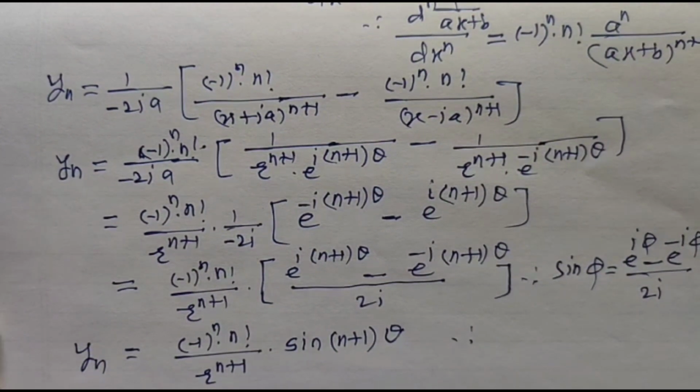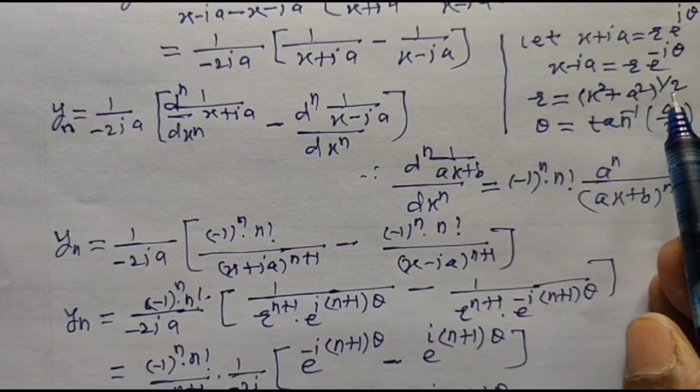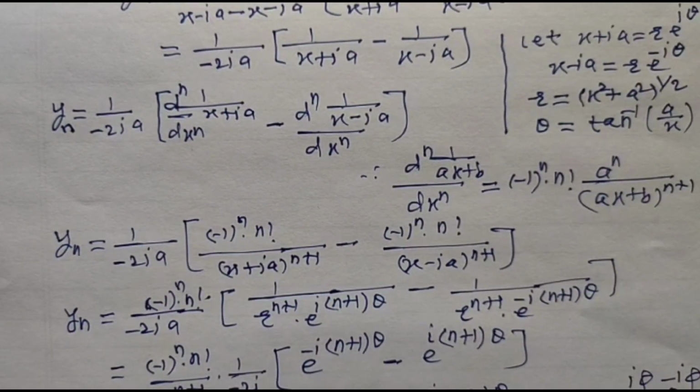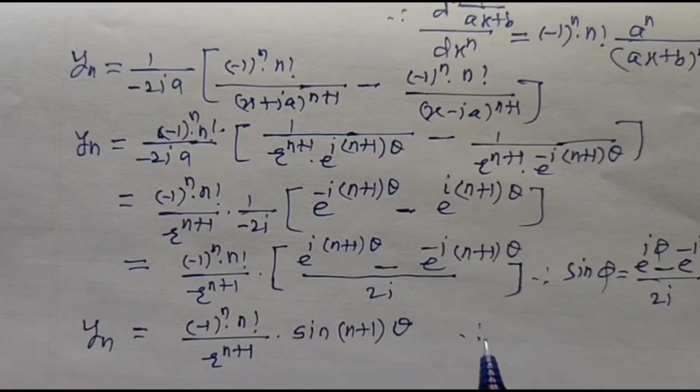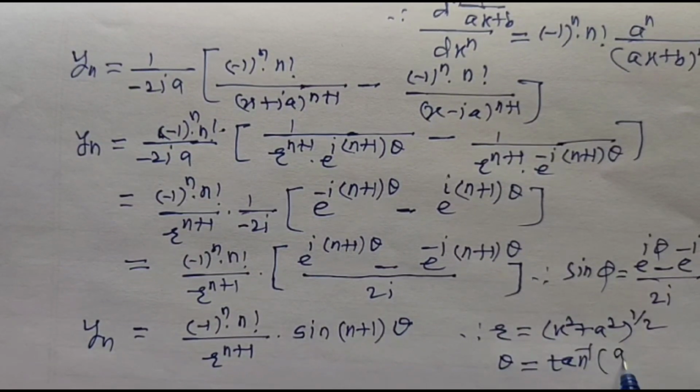Hence the value of r is equal to x square plus a square to the power half and theta is tan inverse a upon x. Put here, since r is equal to x square plus a square to the power half and theta is equal to tan inverse a upon x.